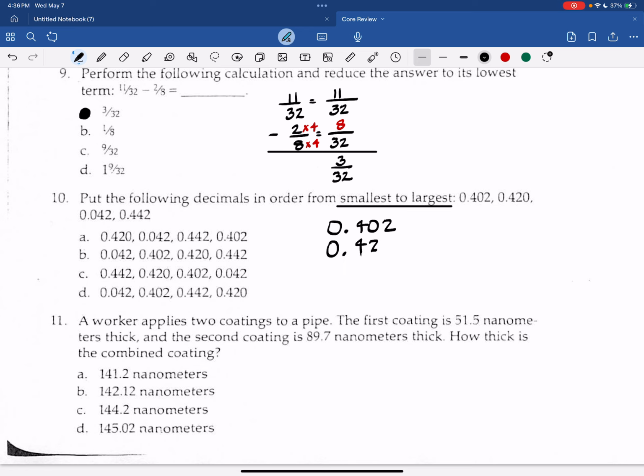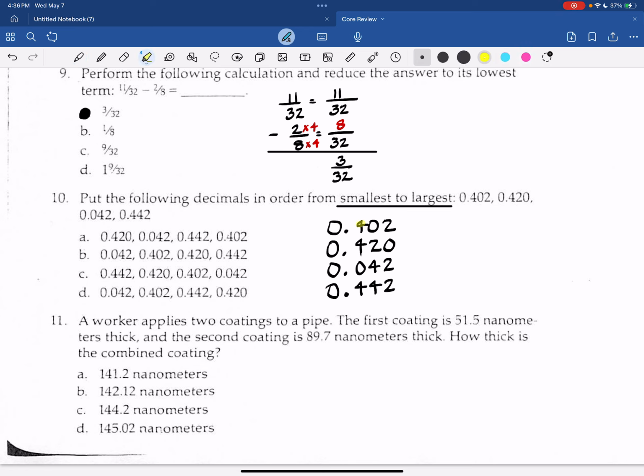I also tell students if there are any gaps in this arrangement, fill it in with zeros, because that will help you with what I'm about to do.